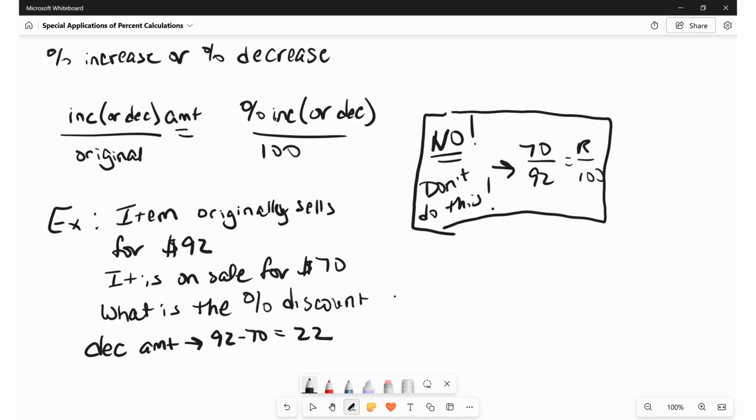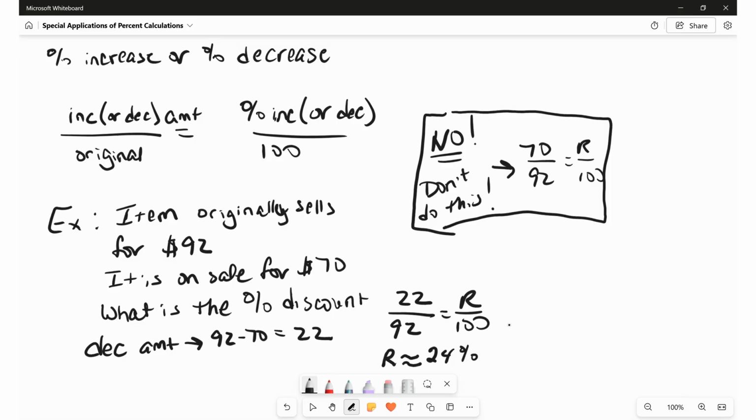Now, you do 22 over 92 is equal to R over 100. When we put this in our calculator, we're going to do 22 times 100, then divide that by 92. And we get a pretty decent decimal, but we get that R is approximately, and these squiggly lines mean approximately, 24%. That is the discount percent.